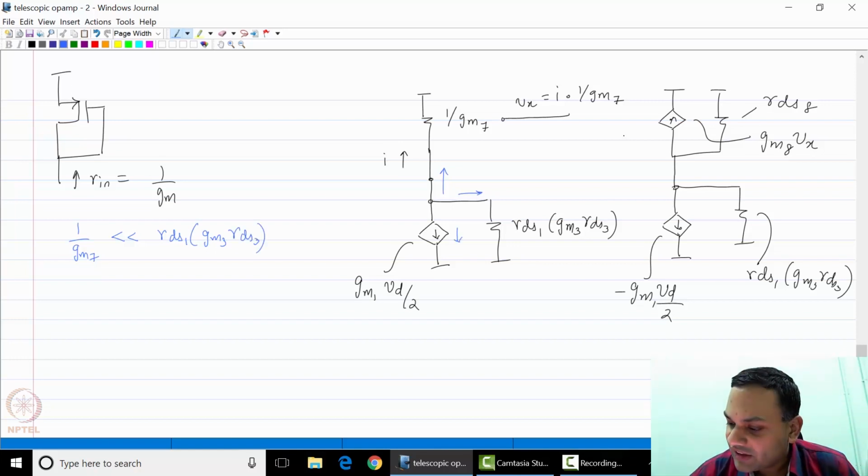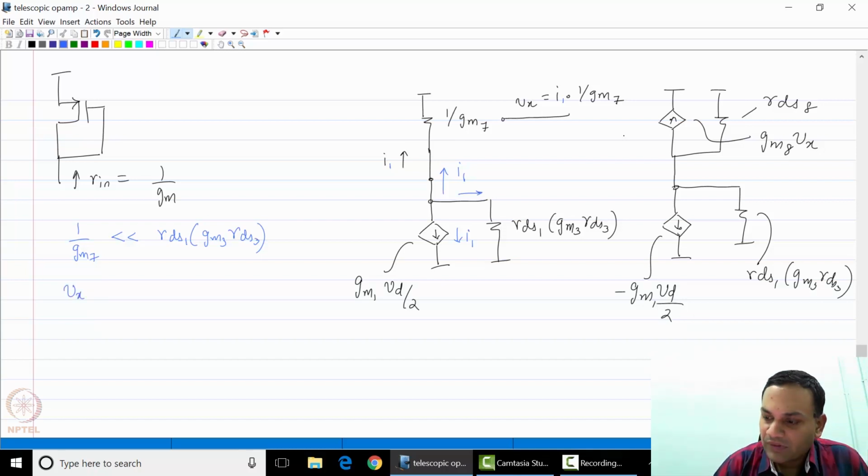Therefore, all of this current I1 flows upwards into M7 and M5, and that generates a voltage Vx.